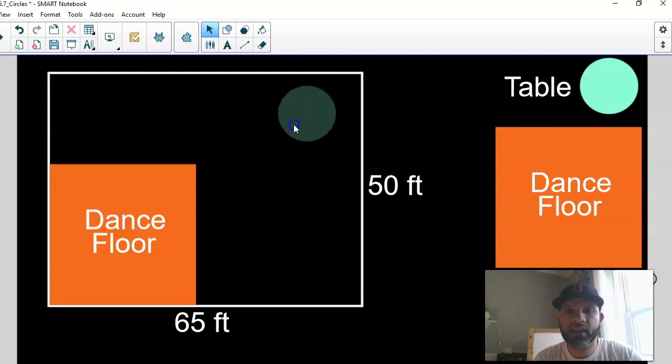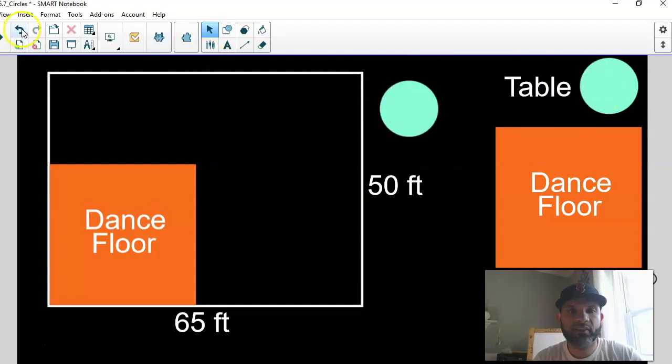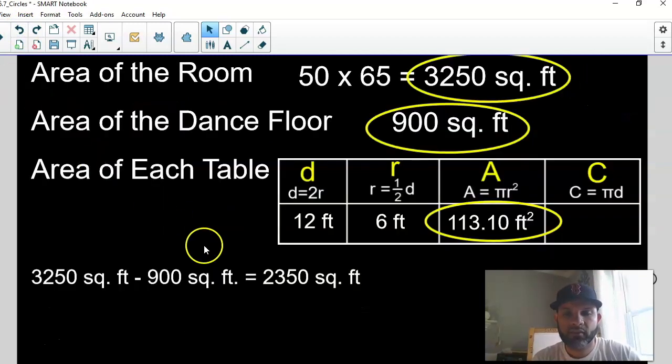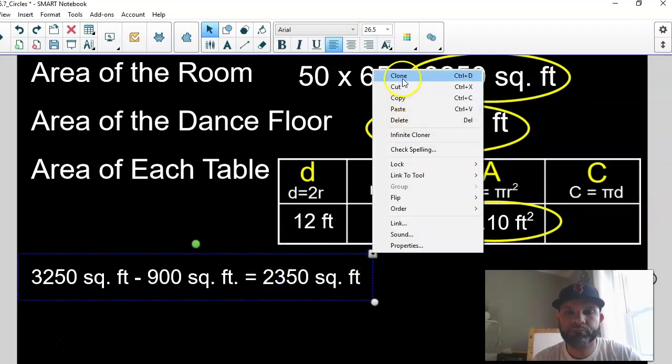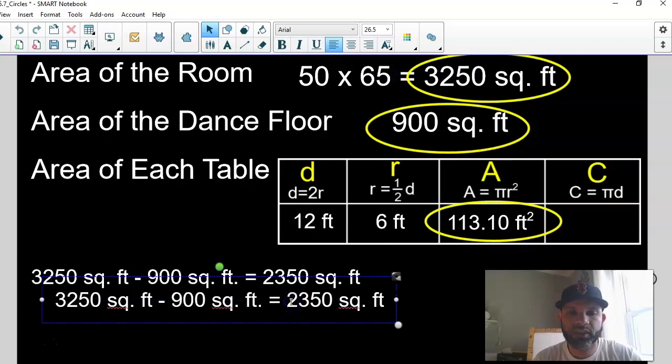How many tables are we going to get to fit in this remaining space? So if we're talking about how many of these 113.10s can fit into 2,350 square feet, what are we talking about here? What's our operation? What do you think?